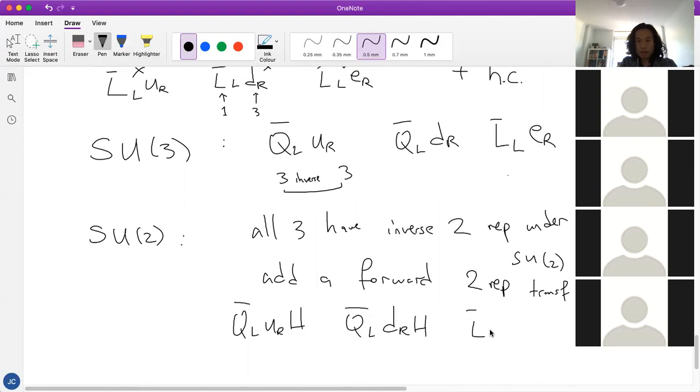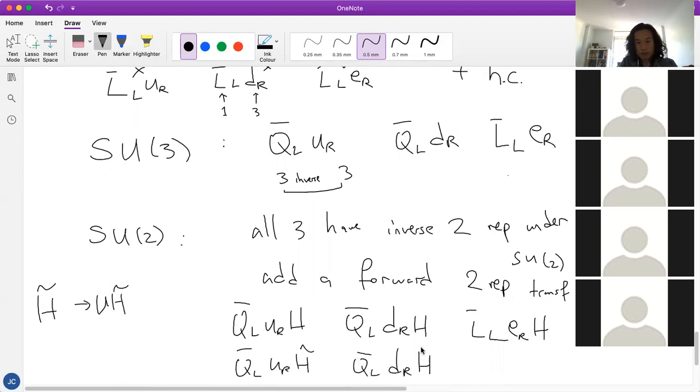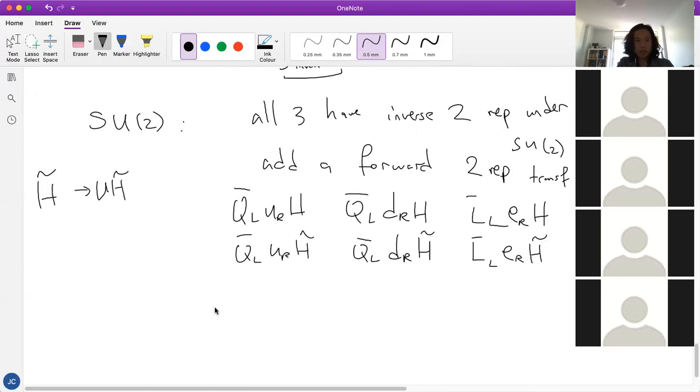L bar L, ER H. And as we saw before, H tilde also transforms under SU2, so H tilde can work as well. QL bar UR H tilde, QL bar DR H tilde, L bar L ER H tilde. So we kind of go back to 6 combinations again.